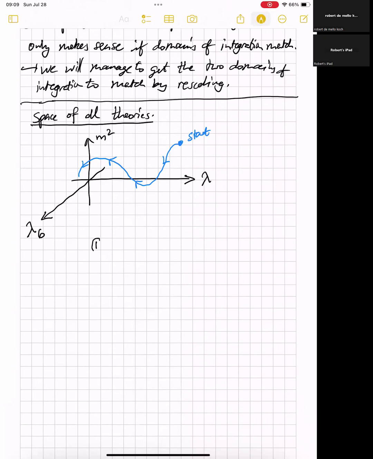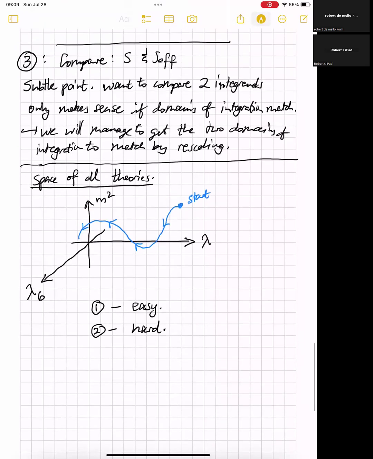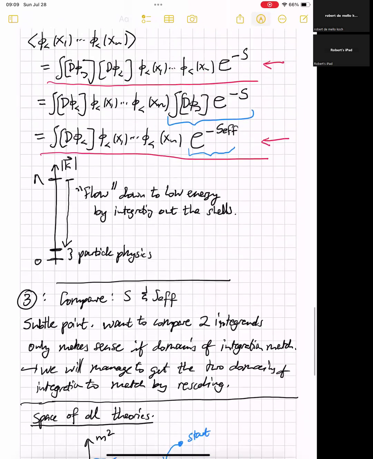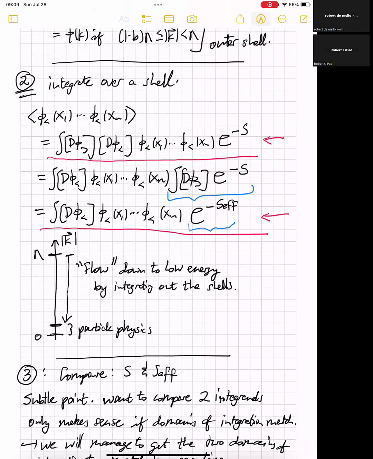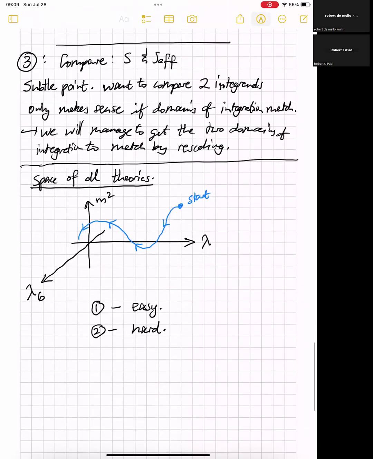Actually, step number 1, separating out one shell of modes, is really easy, trivial to do exactly. Step number 2 is hard, actually integrating. We have to perform a path integral over phi greater than. How are we going to do it? Well, we know how to do path integrals. We use Feynman diagrams.